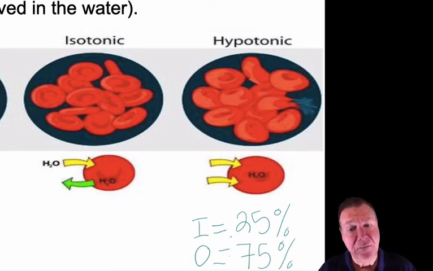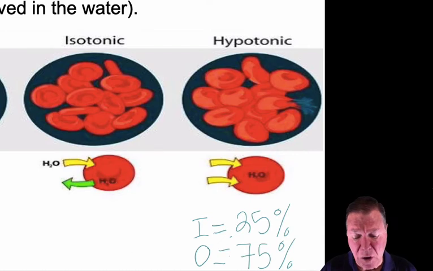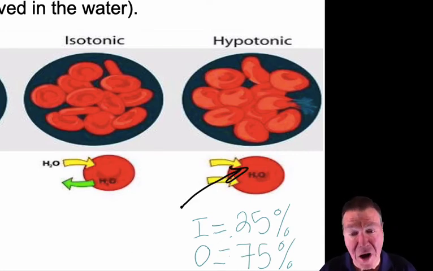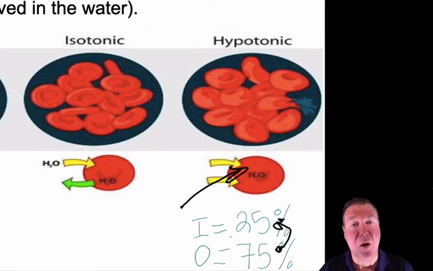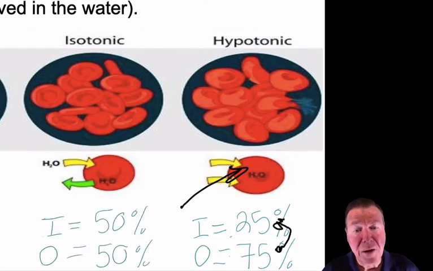Outside the cell, call it 75% water. Which way is the water going to go? Well, the water in this case is going to go into the cell, because it goes from a high concentration of 75 to the inside where it's low, 25% concentration. Okay, that's hypotonic, and I'll explain it in more detail.